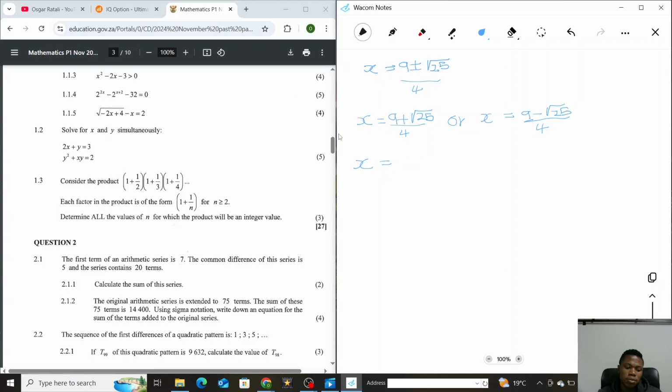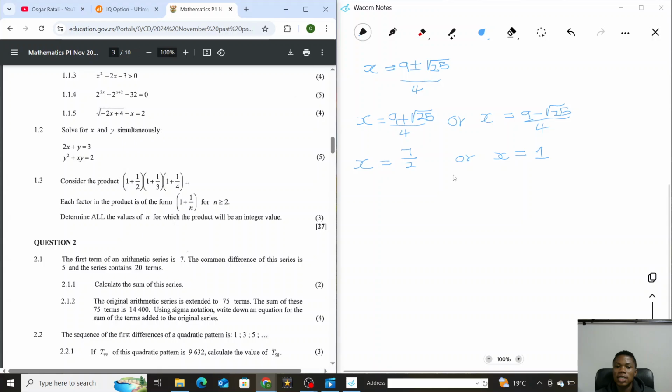Now that we have our x values, to find your y values, you must take these x values and substitute them into your equation 3. Therefore, you have y is equal to 3 minus 2 into 7 all over 2, or y is equal to 3 minus 2.